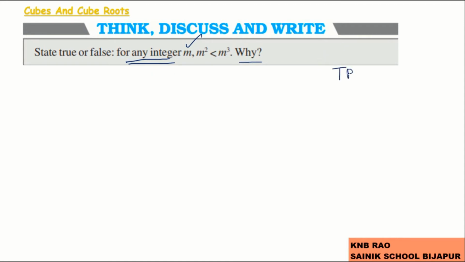If you are saying true, why? If you are saying false, then also how? This is the important thing you have to answer. How many of you are saying true? So try to observe.